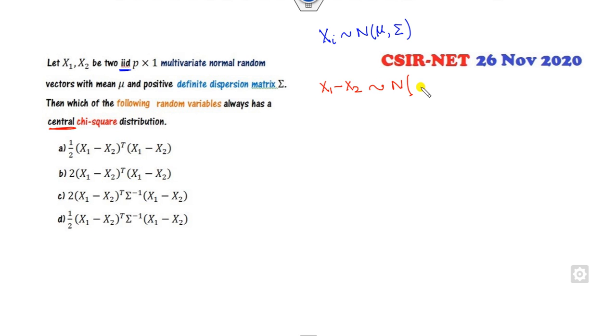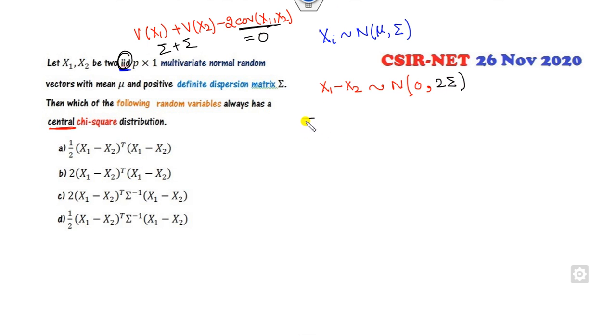The mean is mu minus mu 0. Variance of this is V of x1, V of x2 minus 2 times covariance of x1, x2. But you can see they are my IID, so this covariance will be my 0. So this is sigma plus sigma, it is my 2 sigma.